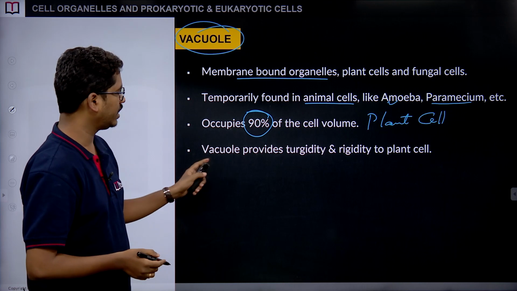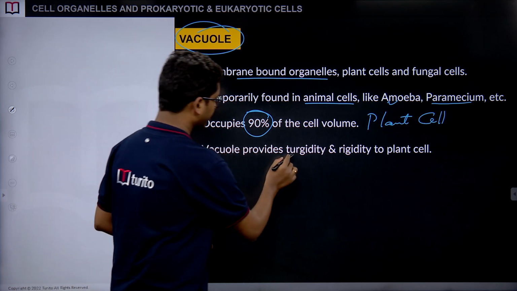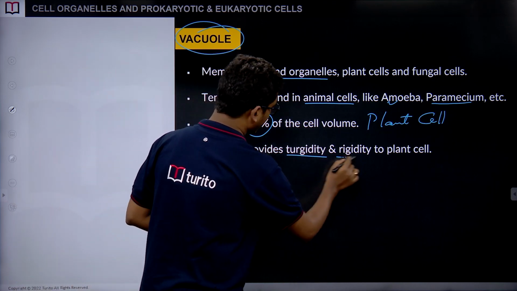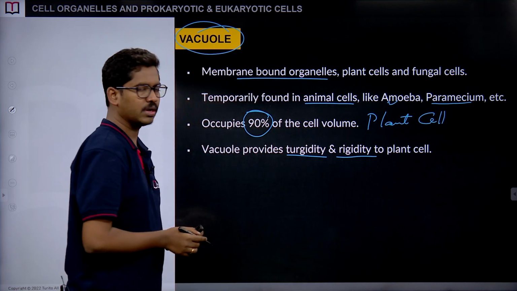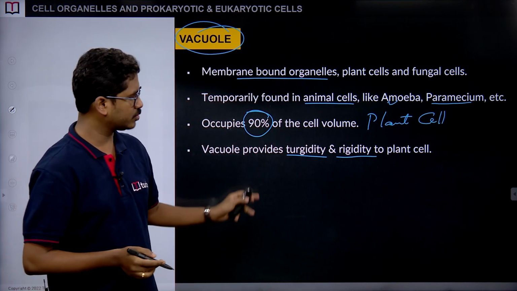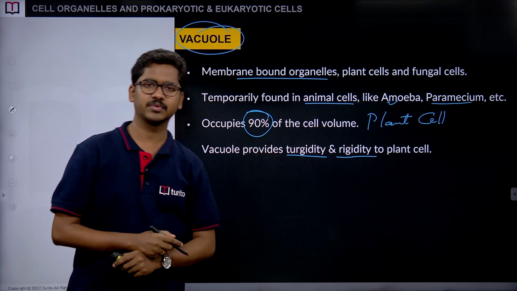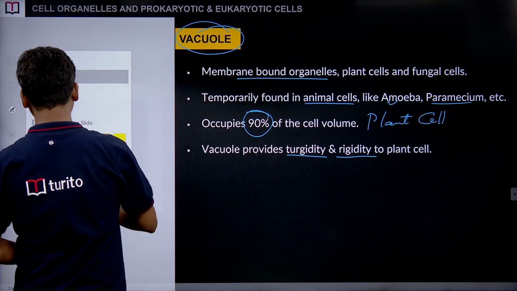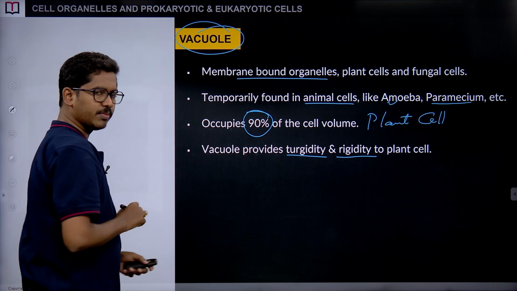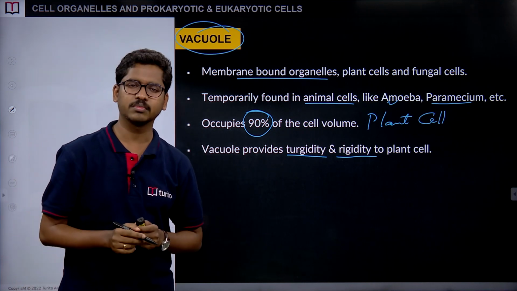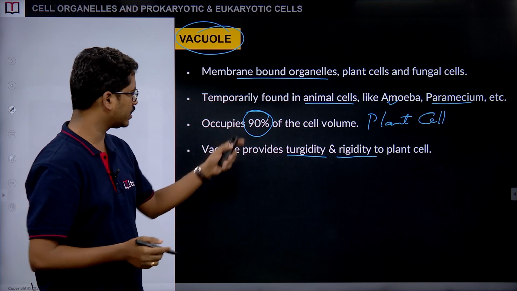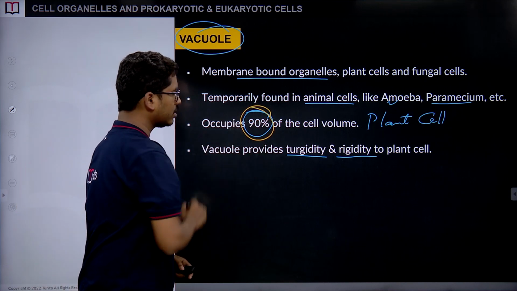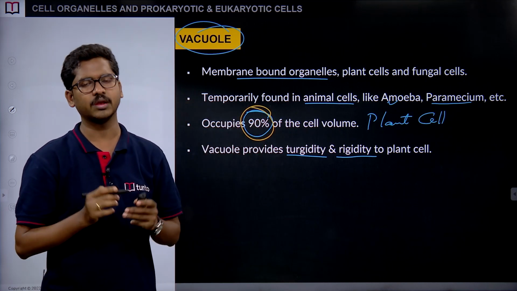Now, we need it because it provides turgidity and rigidity to the cell. Turgidity refers to, when it comes to plant cell, especially mentioned there, you will understand more by looking at the structure, but before looking at the structure, let me tell you something. As you all know that it occupies 90% of the cell volume in the case of plant cell.